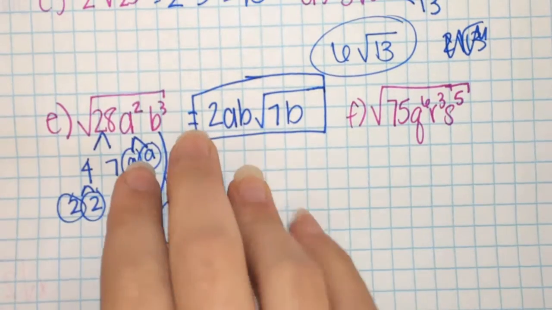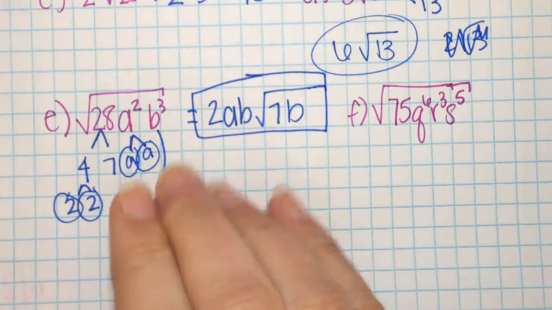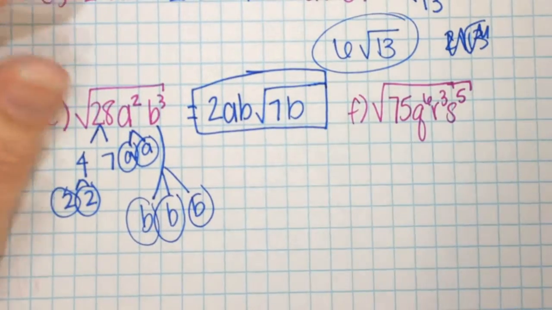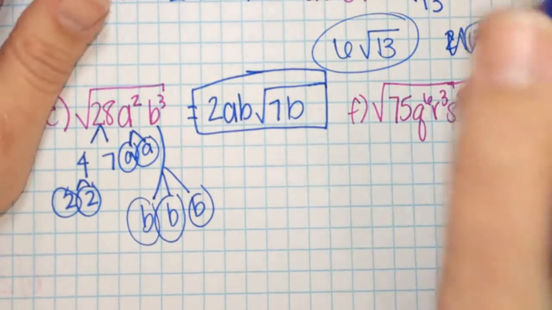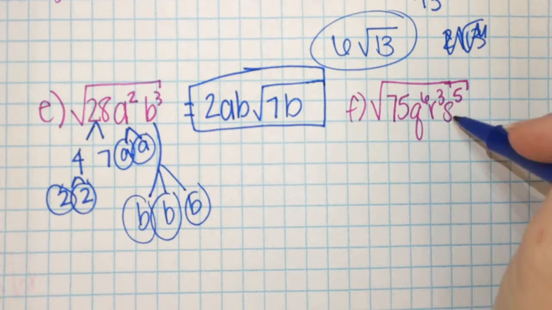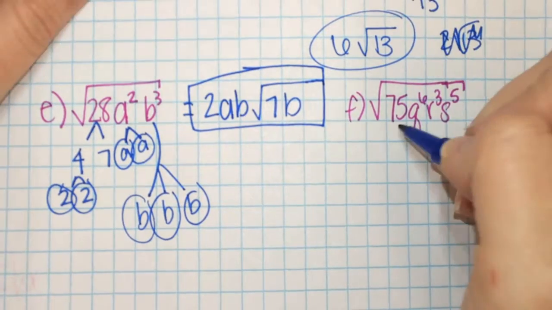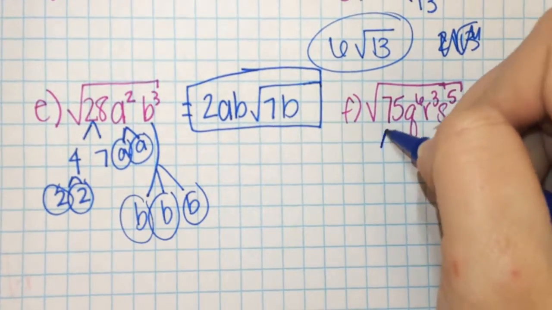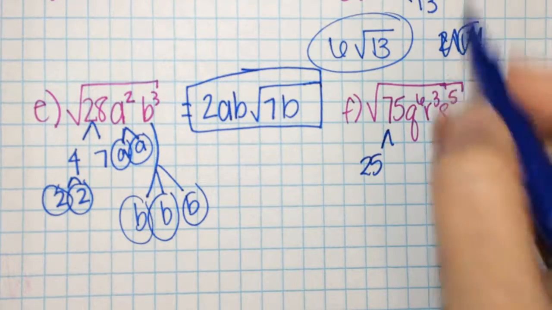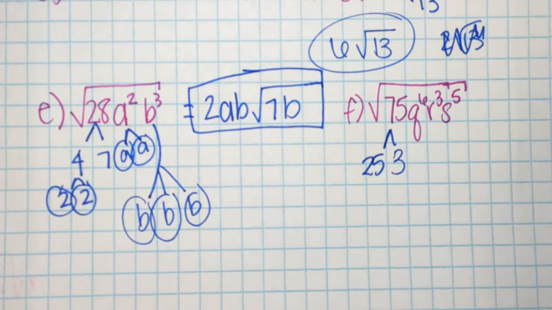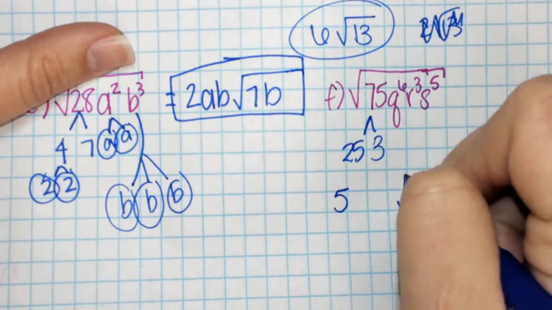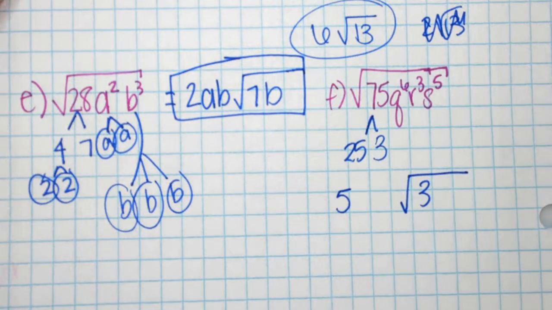Now, the first way we wrote it all out and we circled our B's and A's, correct? This way I feel it's a little easier, but I know how to divide because I'm a capable human. Alright, so 75. What's the biggest perfect square that goes into 75? 25. And you get 25 and 3. So we know that the square root of 25 is 5. That goes outside. 3 stays inside, correct?